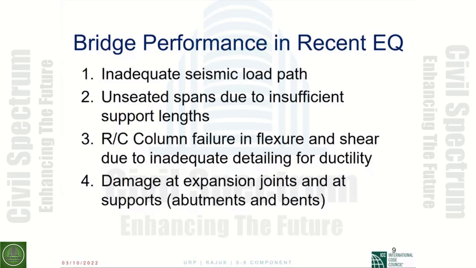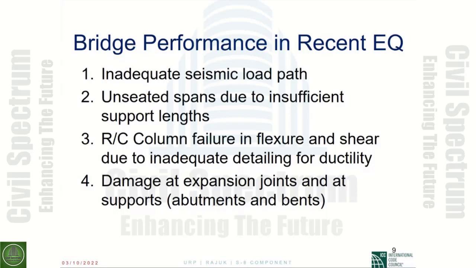The third one is that, as I told you before, the mass is in the superstructure. It needs to go down to the column. And if you did not design the column for flexure or for shear, with detailing for ductility, for flexure, or if you don't have adequate lateral reinforcement for shear, you will have a failure on that part.